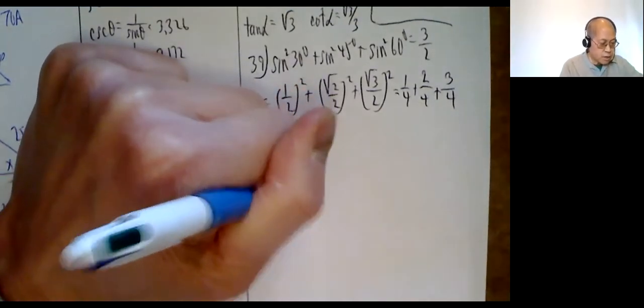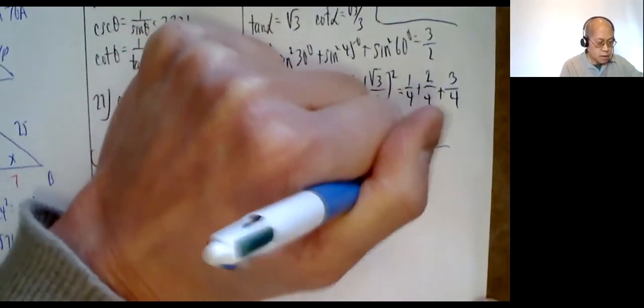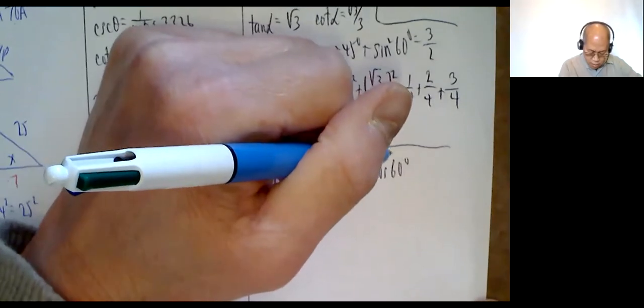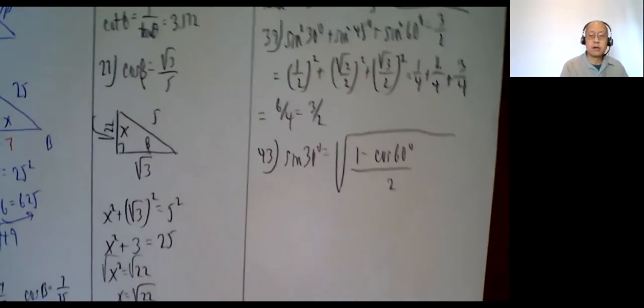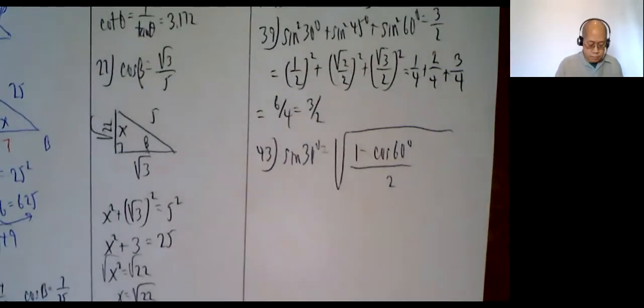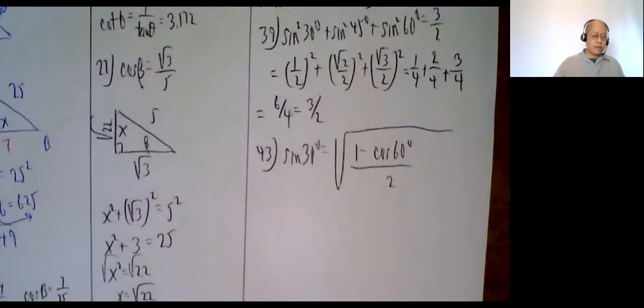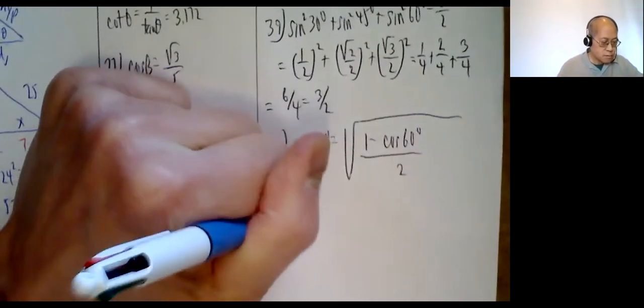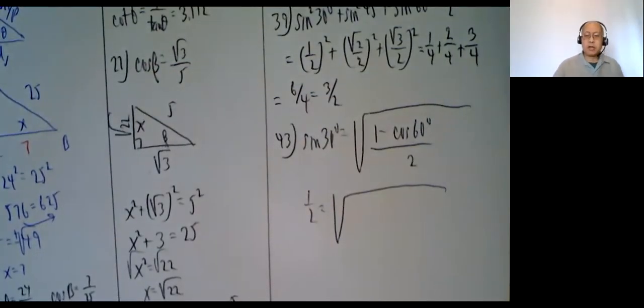Sine of 30 degrees equals square root of 1 minus cosine 60 degrees divided by 2. Sine of 30 degrees is 1/2. Okay, this one's going to be very clumsy, actually.